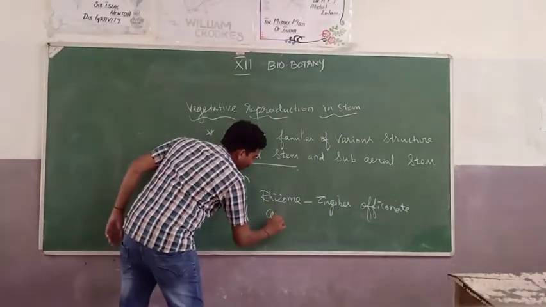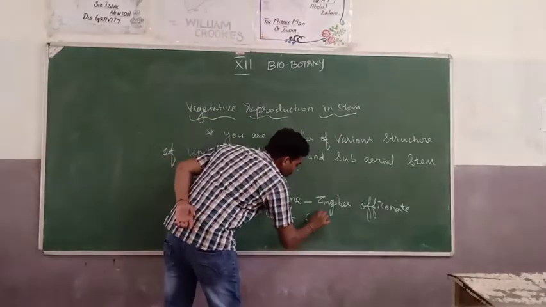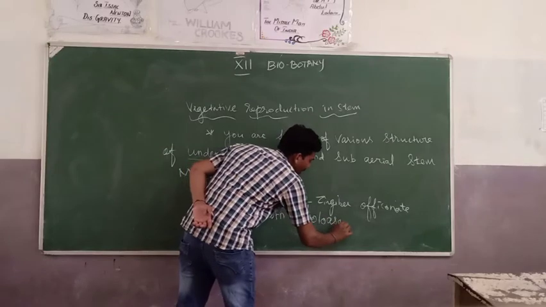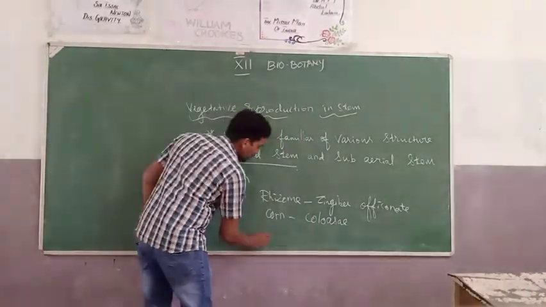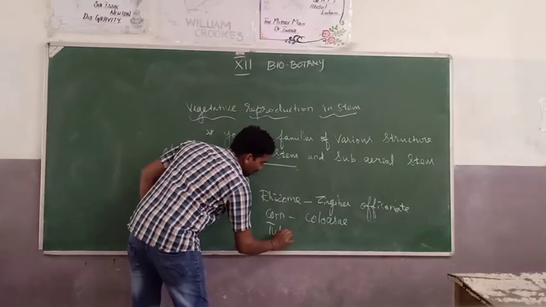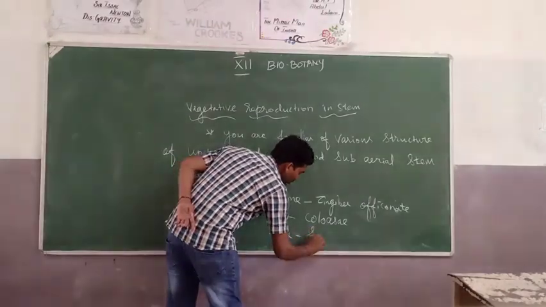Next one, corm, example Colocasia. Another example, tuber, Solanum tuberosum.